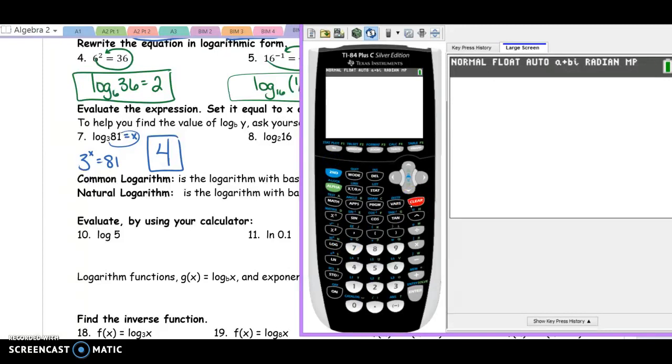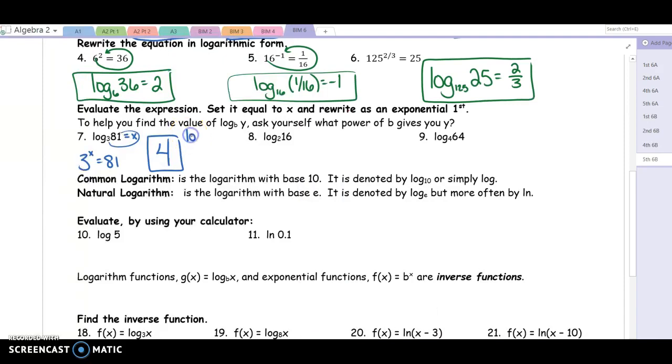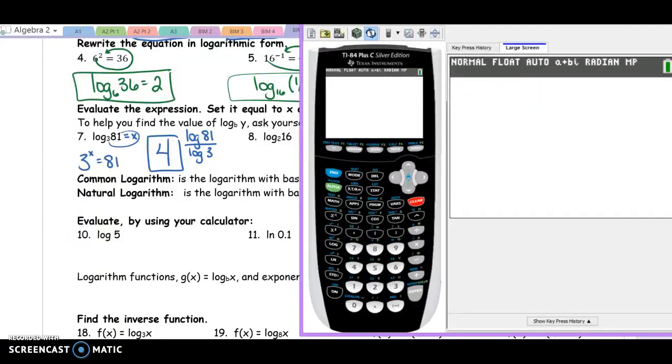However, there's this thing called the change of base formula, which is farther in your packet. The change of base formula allows you to change this from base 3 to base 10. To use it, you would do log of the number inside the log divided by log of the base. So you can do that in your calculator.